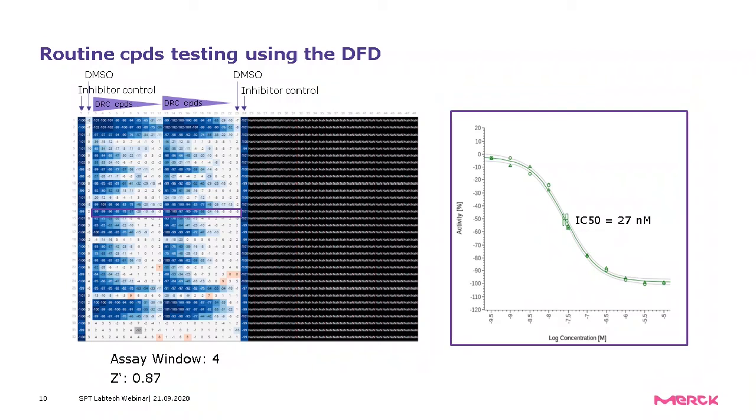So I showed you here now how we use the Dragonfly Discovery in setting up a functional enzymatic assay. And I will hand over to you now to Adrian, and he will show you an example of how we developed an assay for protein-protein interactions.